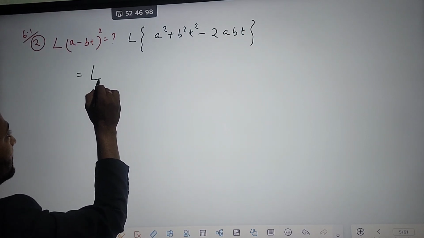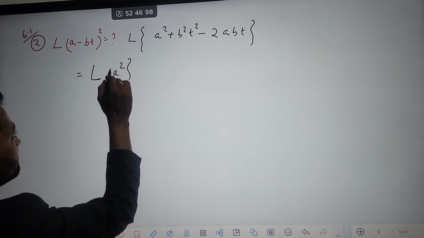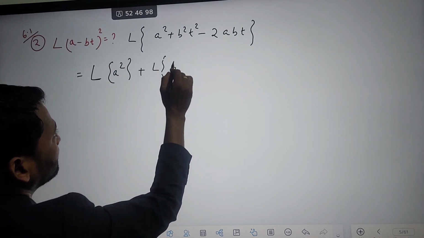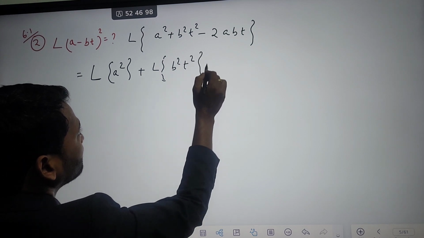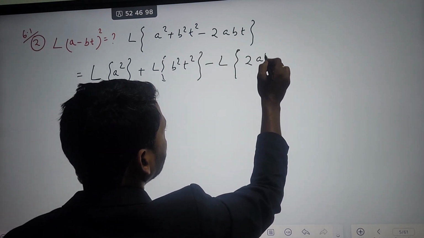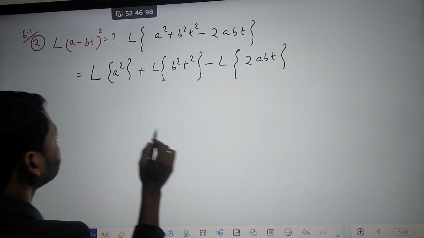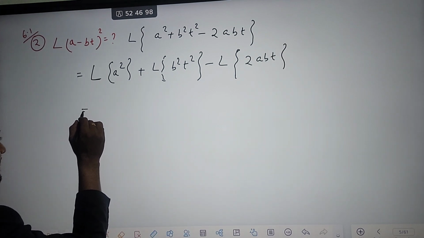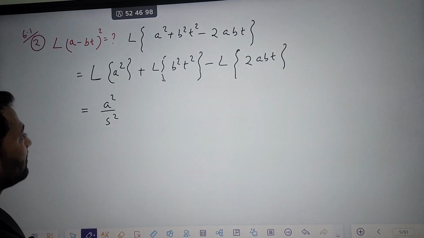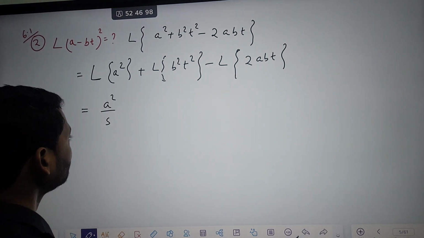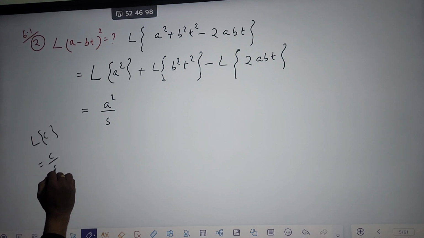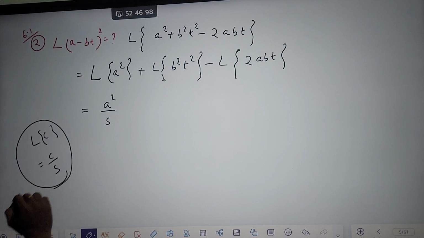Then we take Laplace of a square plus Laplace of b square t square minus Laplace of 2abt. a square is constant, and Laplace of any constant is constant by s. You should remember this one.